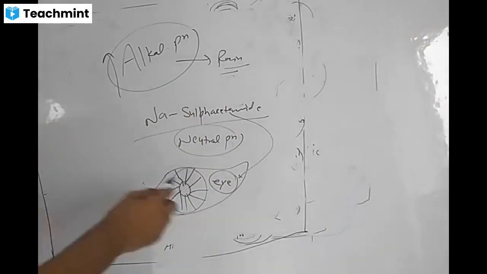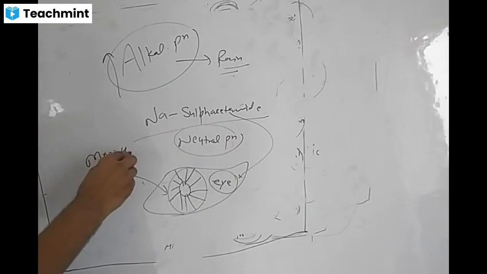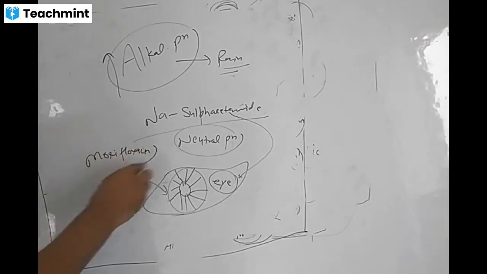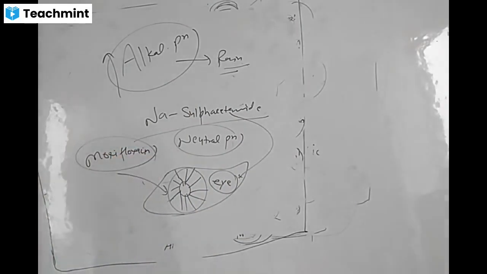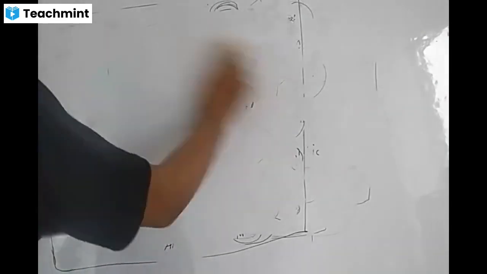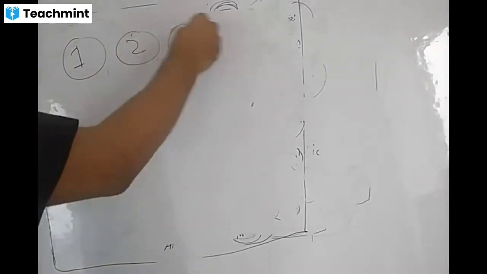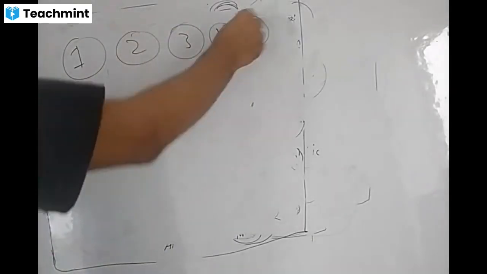Similarly, in fluoroquinolones for the eye, we use moxifloxacin. That is very important, which is a fourth generation fluoroquinolone. In case of cephalosporins, we have 5 generations, and as I told you, here is the trick to remember these 5 generations.